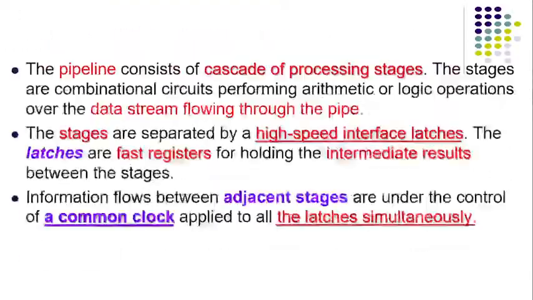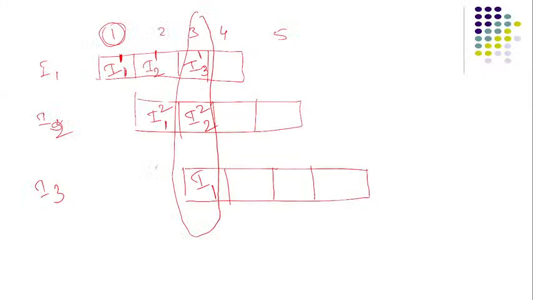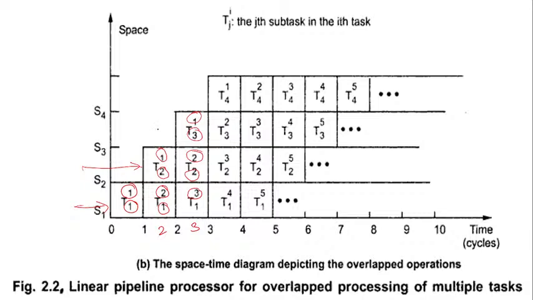Time space diagram. Here, in the fourth clock cycle, the first instruction is in the fourth stage, meaning here in total we have 4 stages. So at the end of the clock, the first instruction is executed successfully.